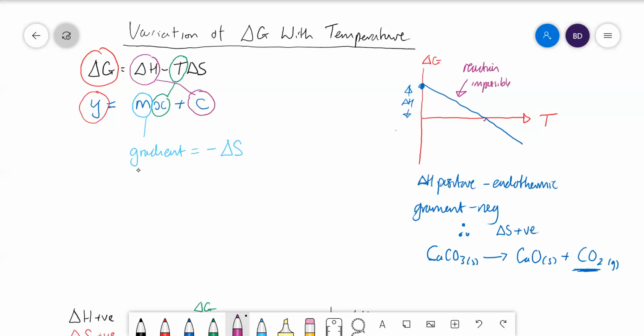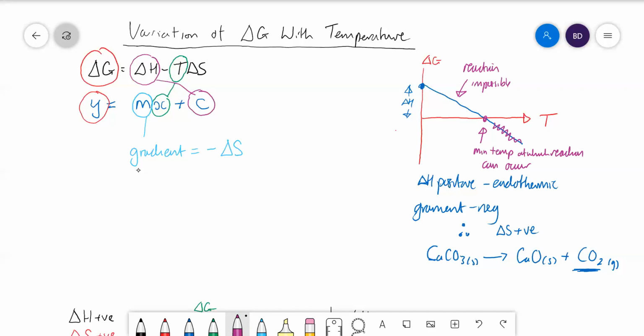But when you get to this value of T, that's the minimum temperature at which the reaction can occur. And any temperatures in excess of this, you're in this negative bit of the line below the x-axis. Delta G is negative, so the reaction can occur.